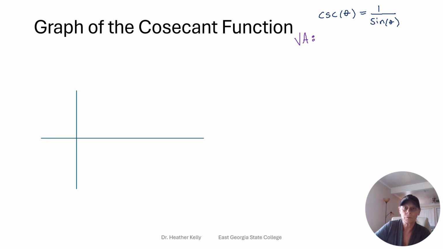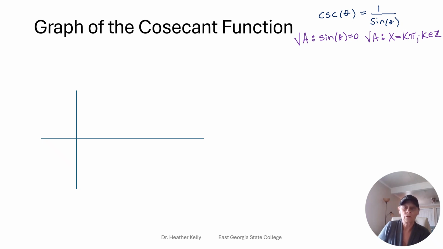The vertical asymptote happens when sine theta is equal to 0, and so our vertical asymptotes occur at k pi, where k is an element of the integers. And actually, I should be a little more specific here. Let me be a little bit more careful. The vertical asymptotes are actually x is equal to k pi, where k is an element of the integers.